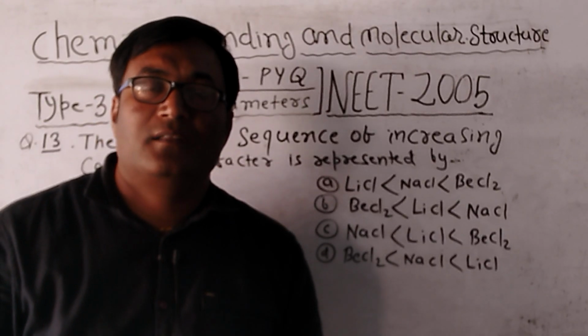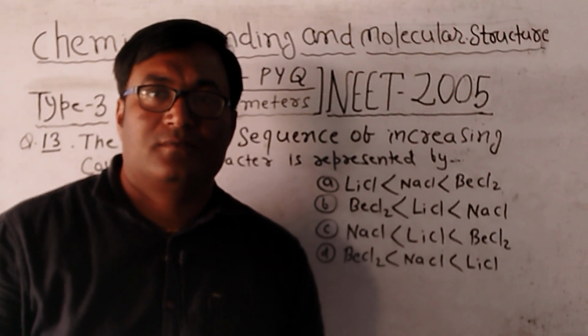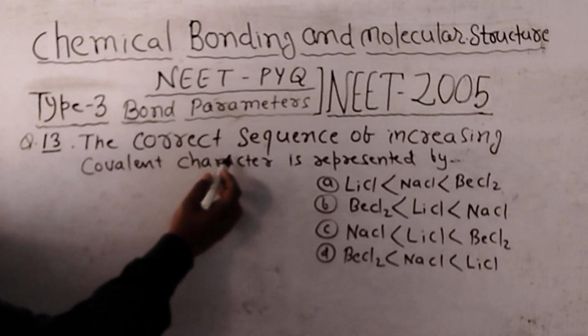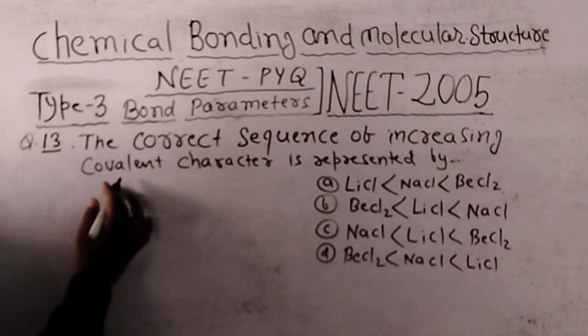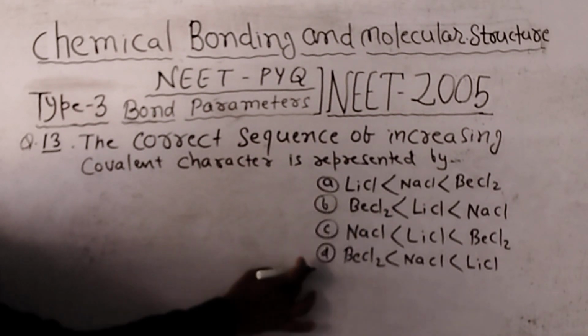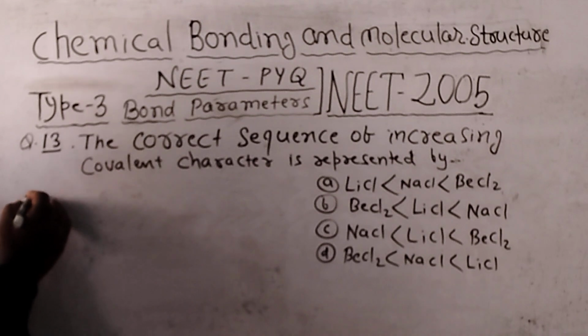Question number 13 is based on Fajan's rules. According to this question, the correct sequence of increasing covalent character is represented by these 4 options.